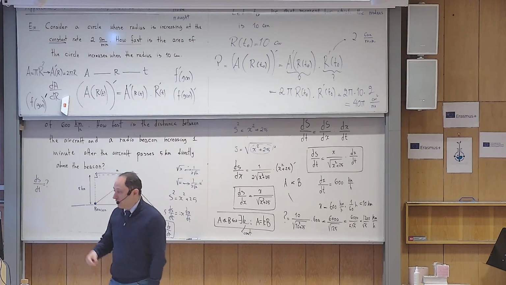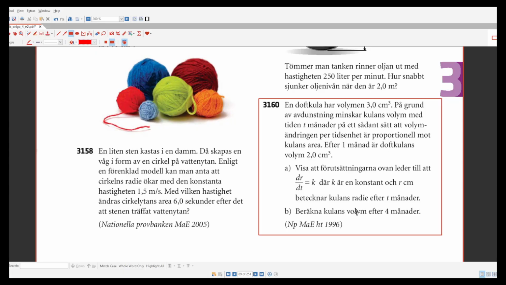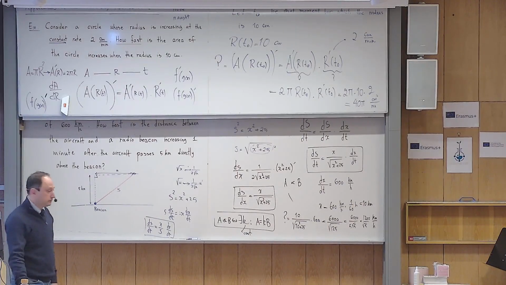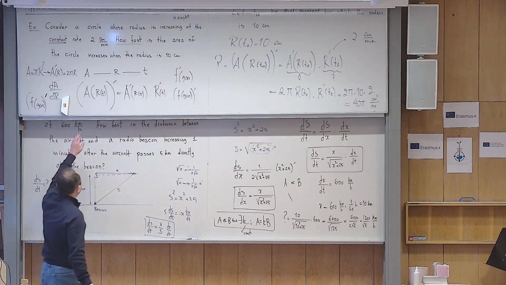Now if you go back and read the question again, the rate at which the volume is changing over time is proportional to the candle's area. What are the quantities involved in this problem?